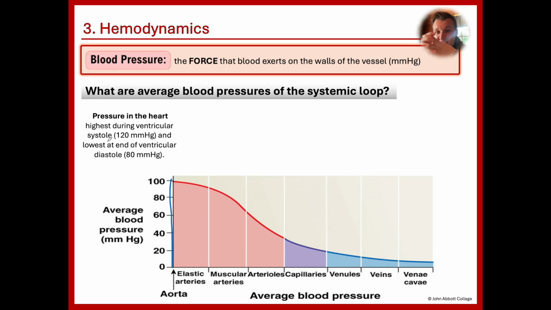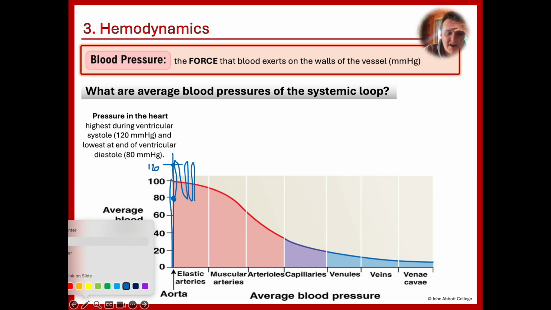So when we contract the heart, this is the highest level: it's going to be 120. And when it relaxes, it's going to be 80. So the pressure in this part of the heart fluctuates up like this. And here I just put the average as 100, because the average of 120 and 80 gives you 100.